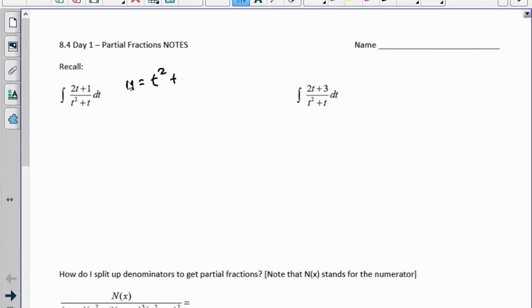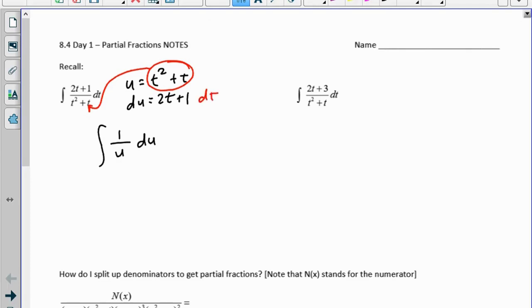So if u is t squared plus t, then du equals 2t plus 1 dt. That perfectly aligns with what the numerator is. And so if that's the case, we can make a u substitution, 1 over u du, because if I replace that with u, and then I can replace dt with du over 2t plus 1, and then that cancels out the 2t plus 1s.